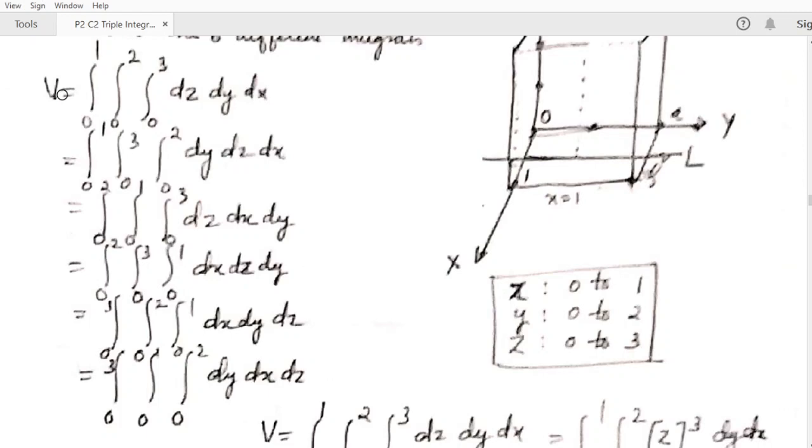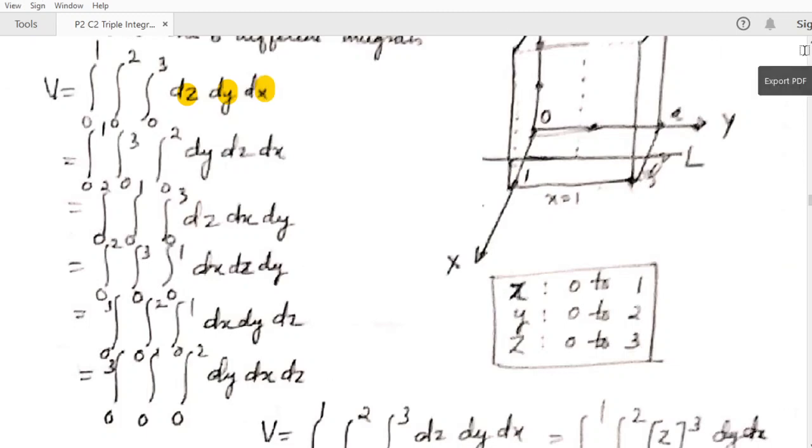So first we are going to consider this particular formula, V equal to triple integral dz dy dx, and I will be finding the limits of z, y and x. We know the method that ideally here we have to first find the limit of z, then the limit of y, and then the limit of x.